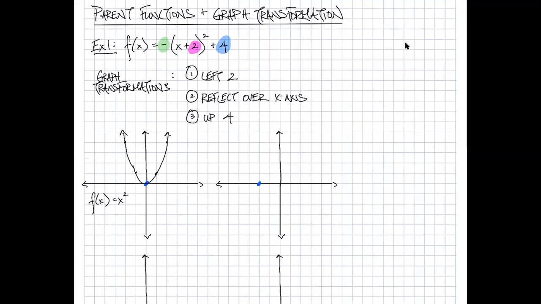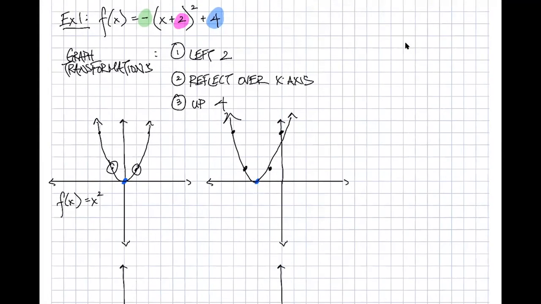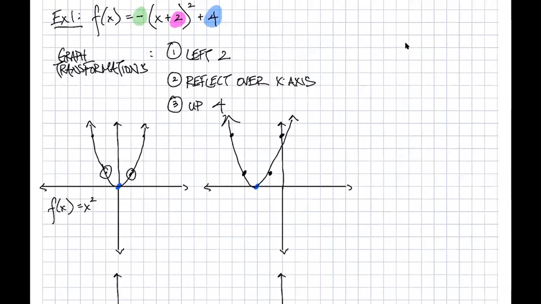So I can go from my center, I would move everything to the left 2, right? So this point goes to the left 2, this point goes to the left 2, and then here and then here. All right. So what would the equation of this second one be?